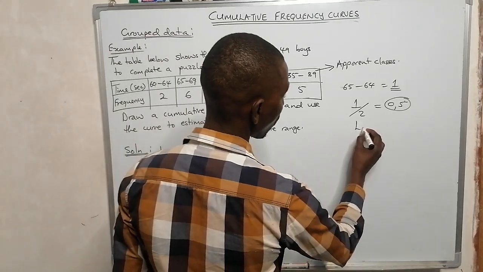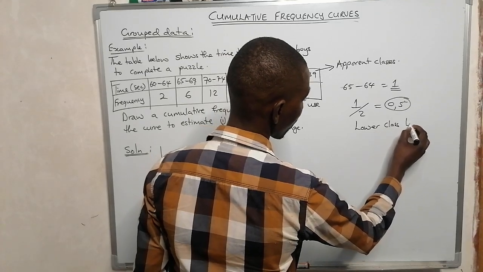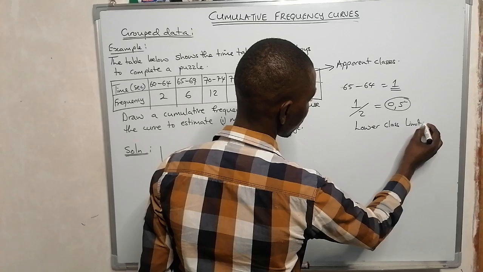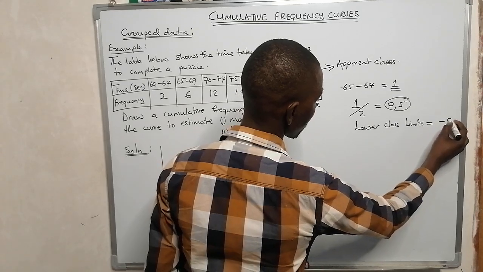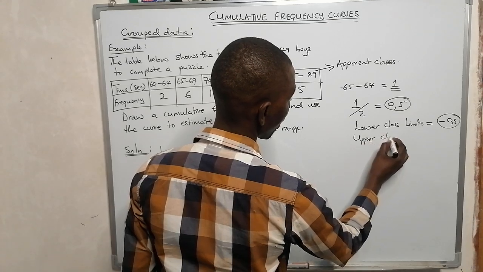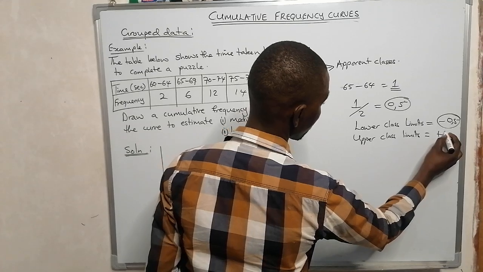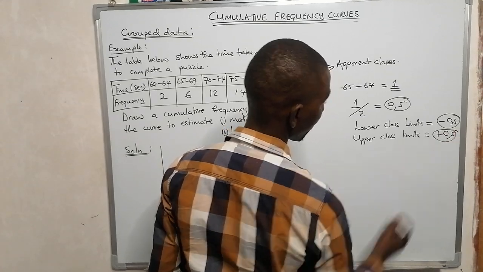So on lower class limits, we are going to subtract 0.5, then on upper class limits, we are going to add 0.5.